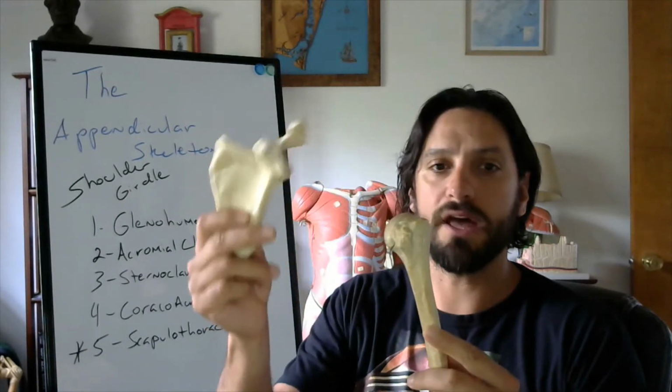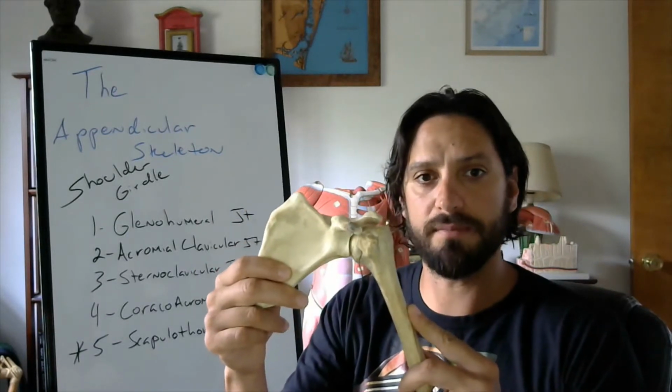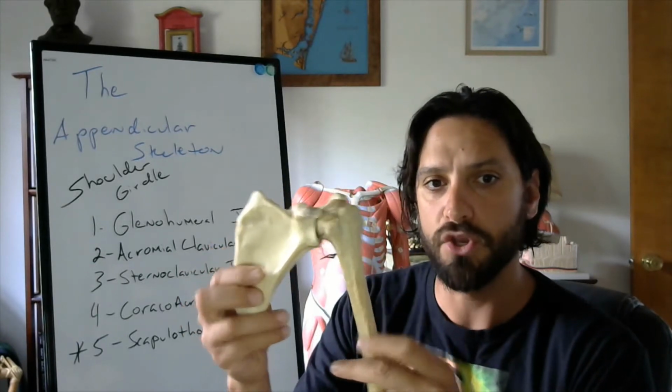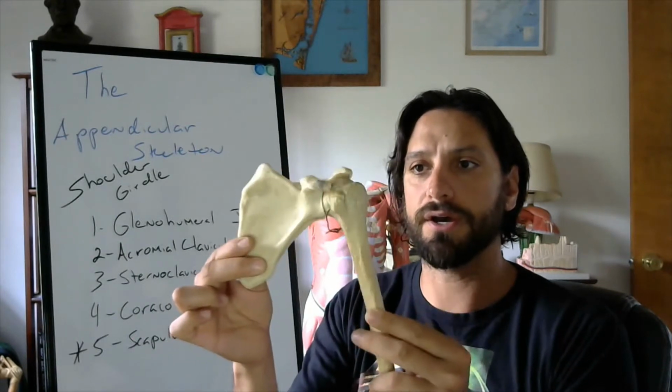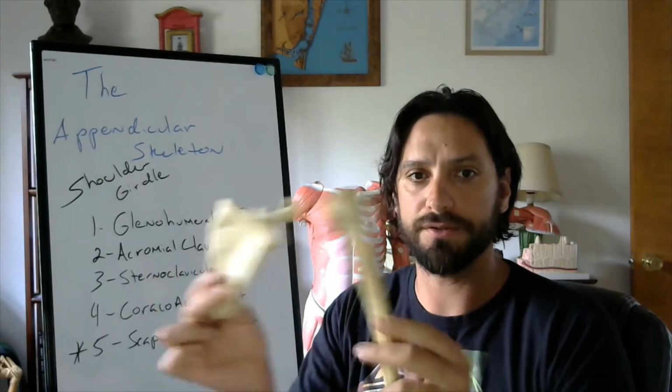So we have the glenoid cavity of the scapula and the humerus, and they meet. So we have the glenohumeral joint. That's how joints are named, okay? So this is basically the start of our shoulder joint. This is the prime shoulder joint movement, okay?